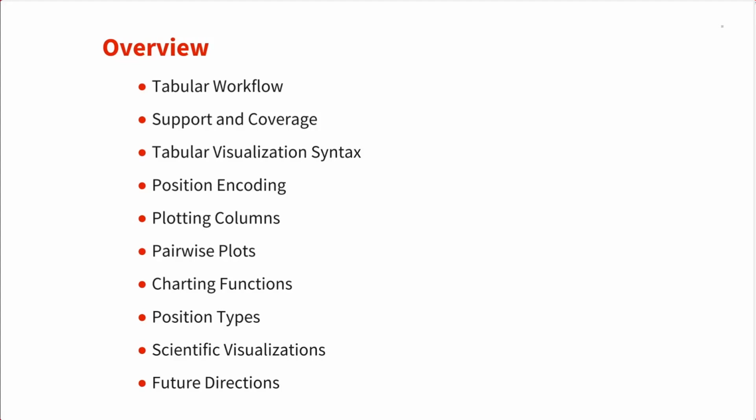Then we will look at some charting functions and the different types of positions we can handle with them. And finally, for completeness, I will talk about tabular support in scientific visualization functions and the future directions for this project.